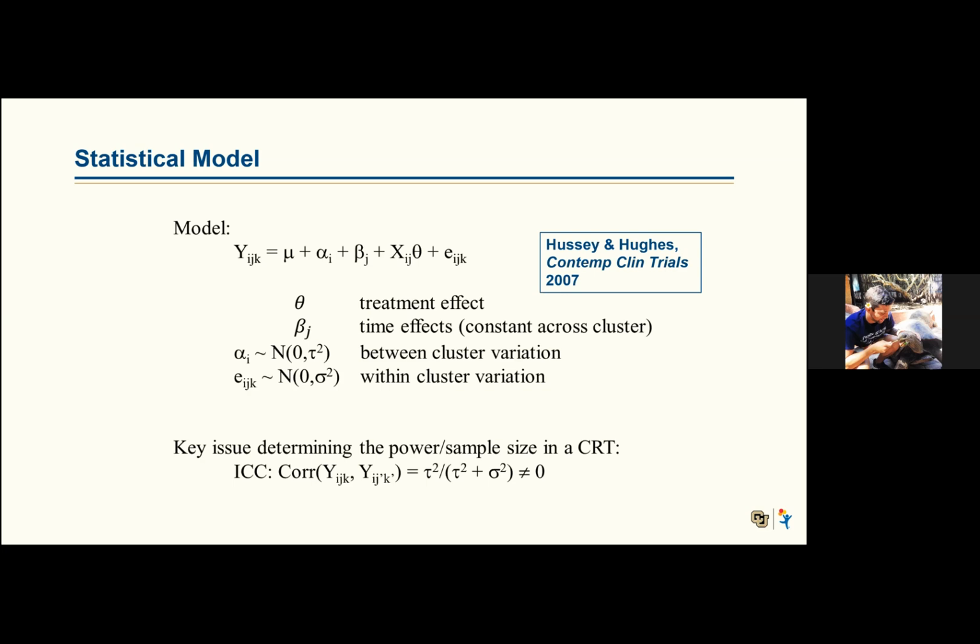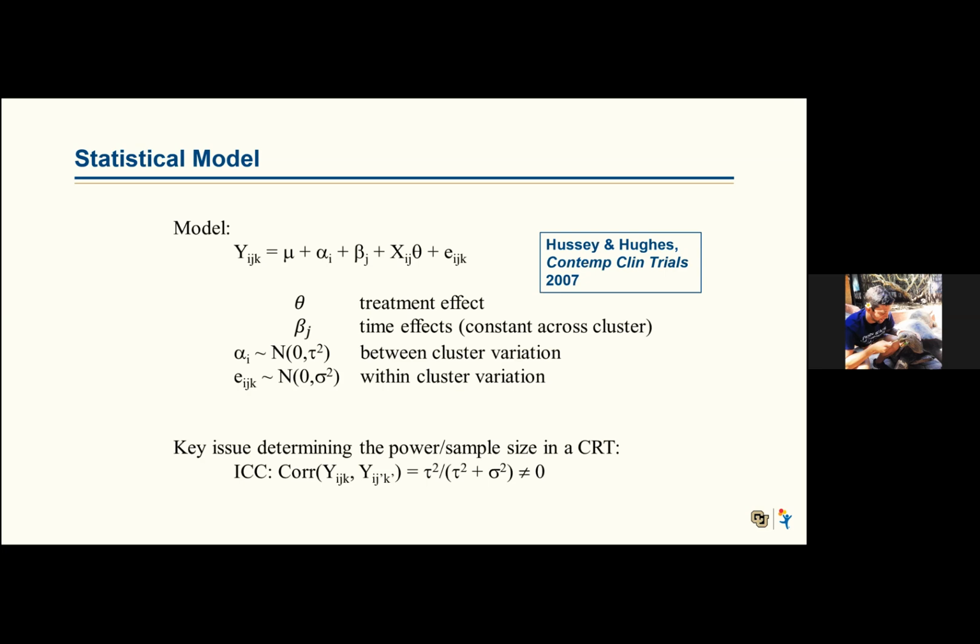Bij allows you to model time effects over time. So if something happens and CMS changes their policy or something like that, it allows you to model that.